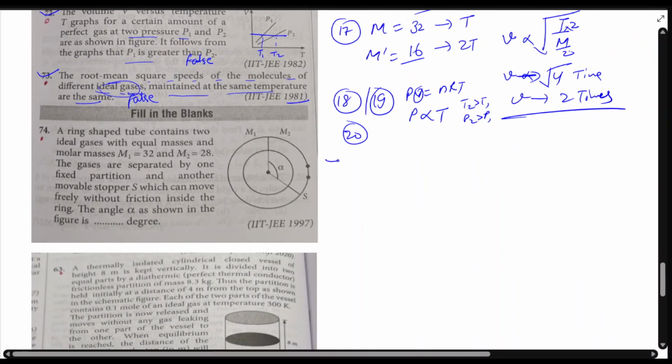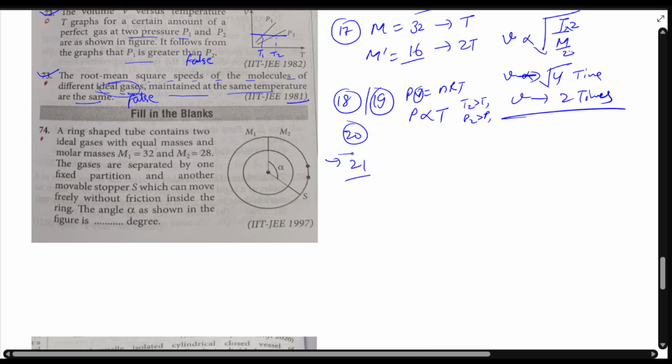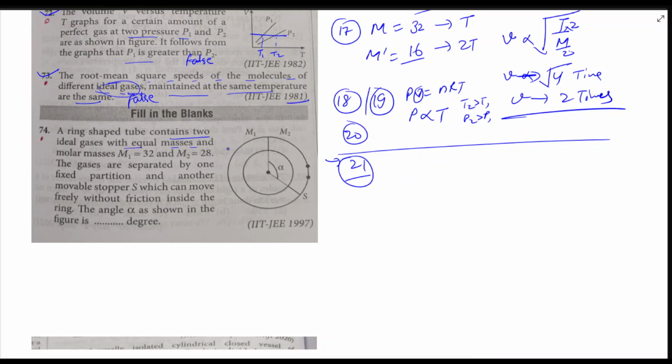Let's move on to our 21st question, and we need a little bit of space here. So what is that? A ring-shaped tube contains two ideal gases with equal masses M1 and M2.